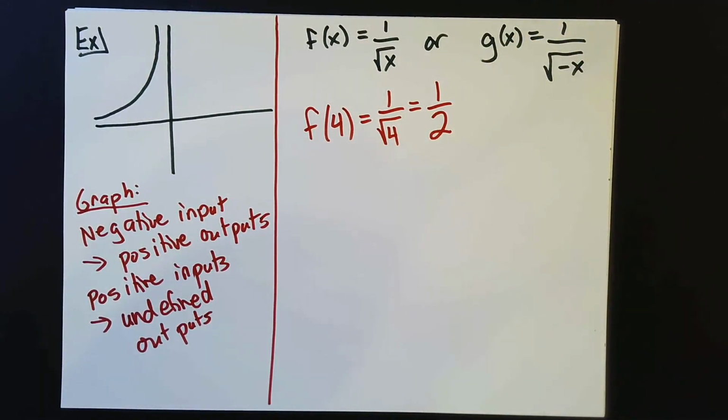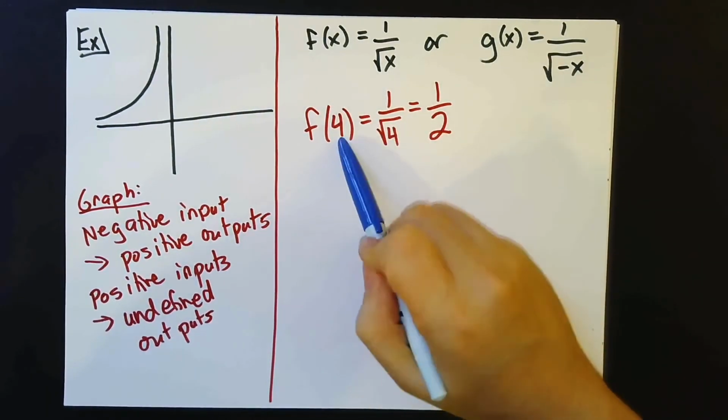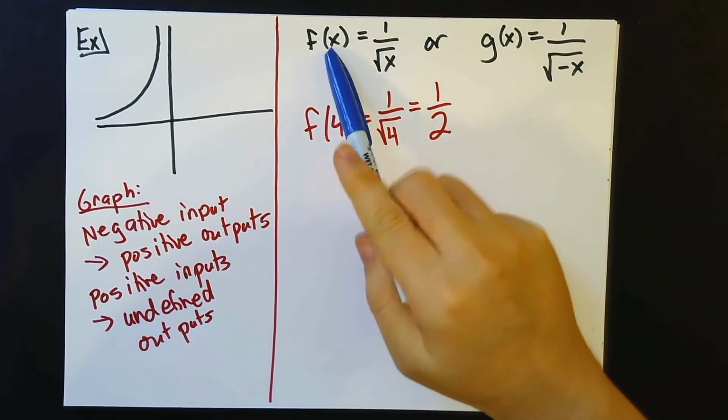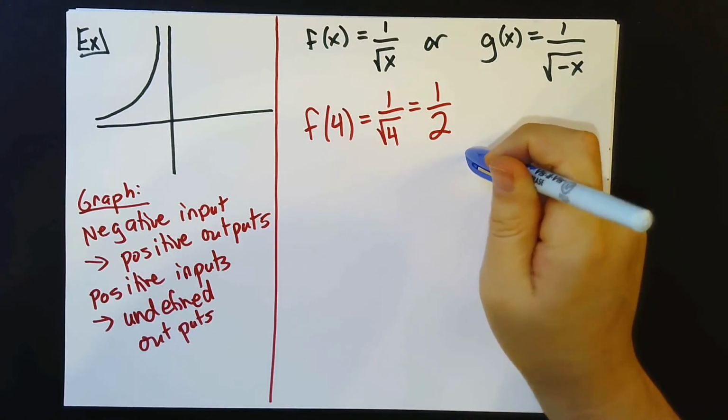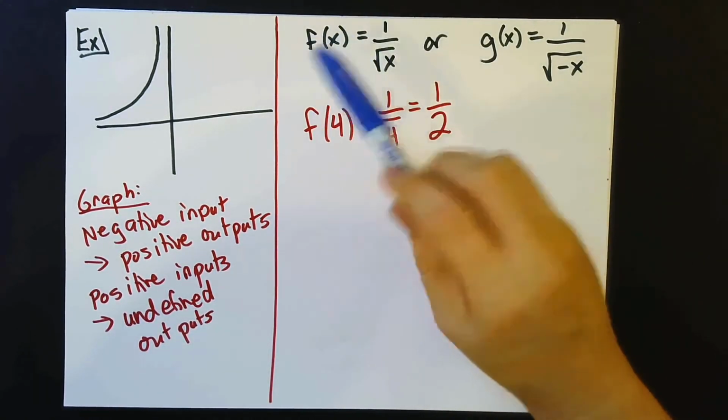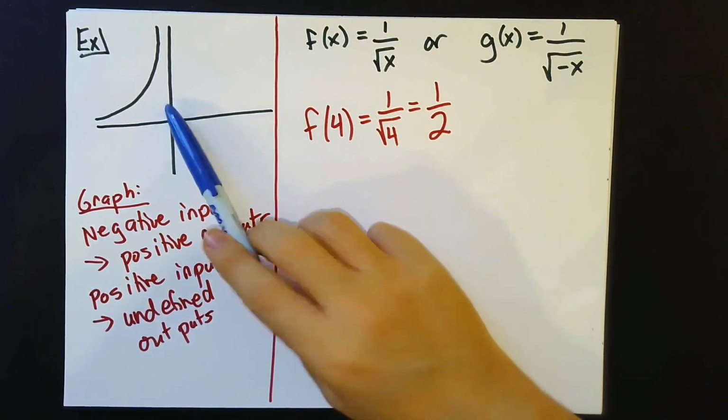Now if you came across this on the homework, you should be jumping for joy, because in fact, we're already done. Why are we already done? Well, I took a positive number, and I put it into f, and I got a positive output. Whereas if f were actually the function that was in the graph, I would have gotten no output.